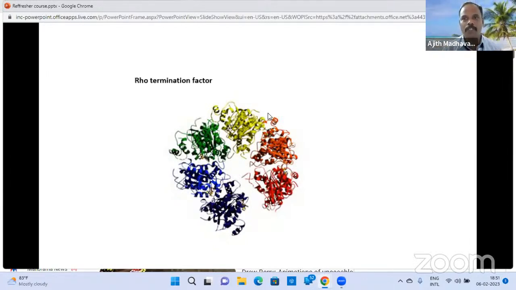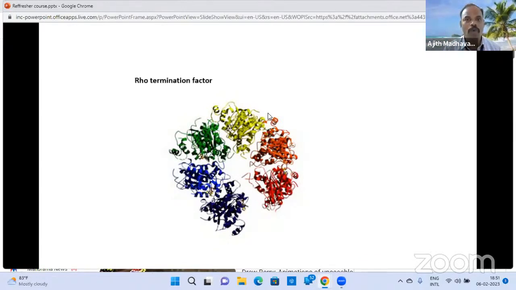So the speciality of this protein is whenever the polymerase reaches a termination site, in this case, the termination site is called the Rho utilization site, RUT.